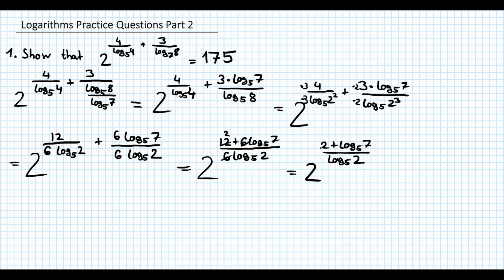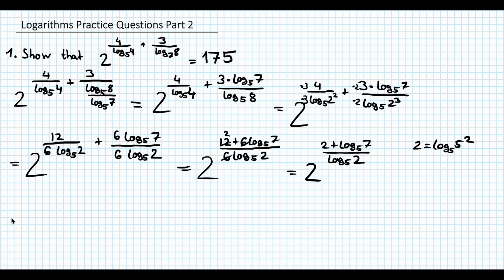Alright. Now we can rewrite the 2 as log base 5 of 5 to the power of 2, because 1 is equal to log base 5 of 5. We can add the 2 here to the front, and 2 times 1 is just 2.